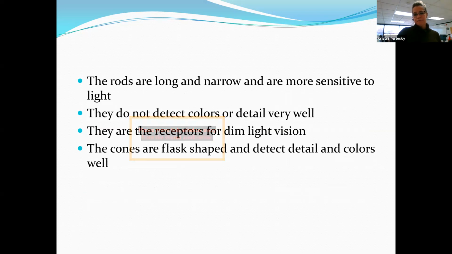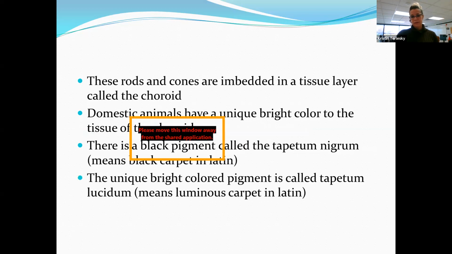People who are color blind are missing certain types of cones in their eyes, and I know it's more prevalent in men as far as humans go. For some reason, down a genetic line, the cones didn't develop the way they were supposed to.